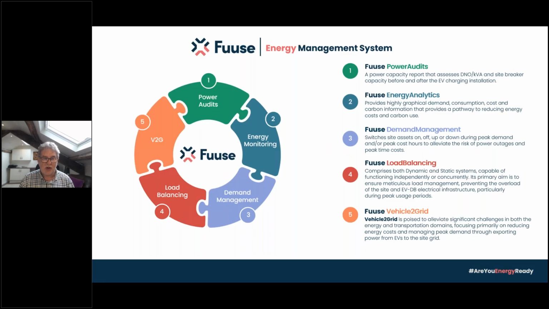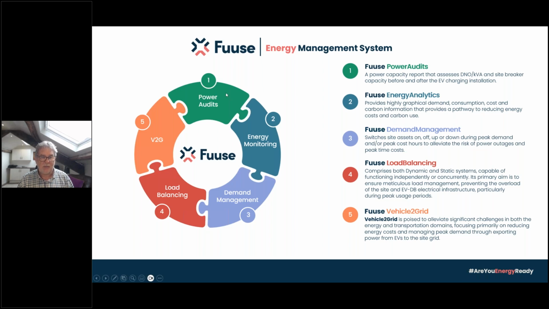There's one snapshot of our portfolio as an example of a reasonable or good or great, depending on your point of view, energy monitoring and management system. It can start with power audits, an automated report that looks at before and after introduction of fairly high impact electrical assets such as new data centers, EV charging, etc. on site.